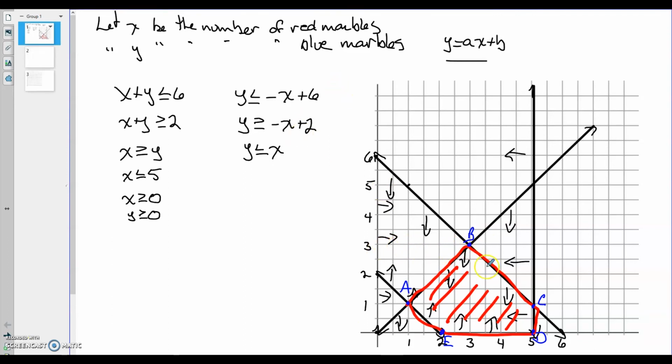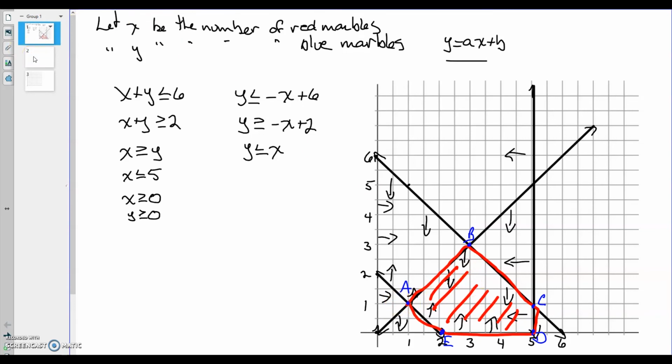If we go ahead and look at vertex A, we can see that it's the intersection of two lines. It's the intersection of y greater than or equal to x and this line here, which is y greater than or equal to negative x plus 2. So now what we need to do in order to find that vertex of that polygon of constraints is to simply identify where those two lines intersect.